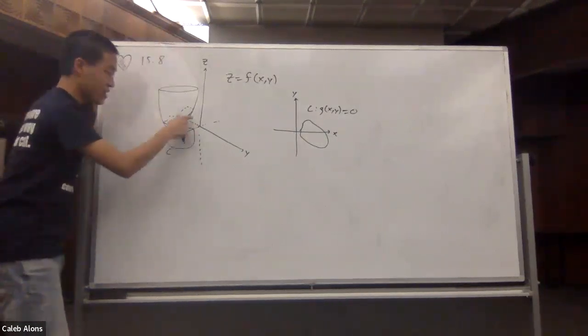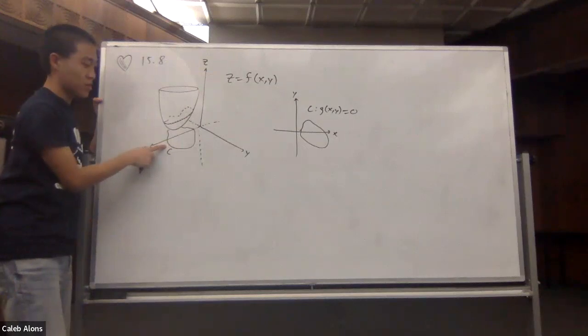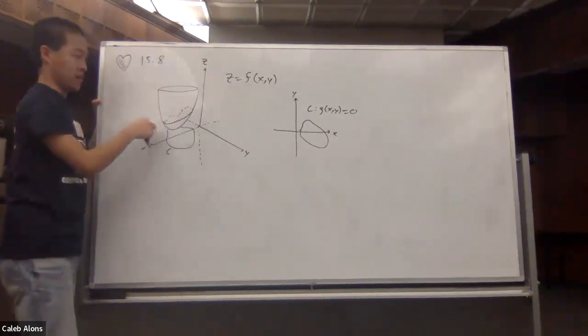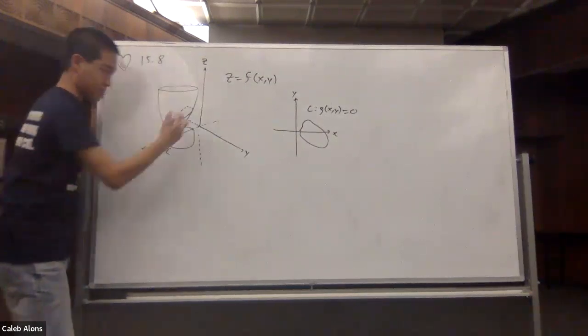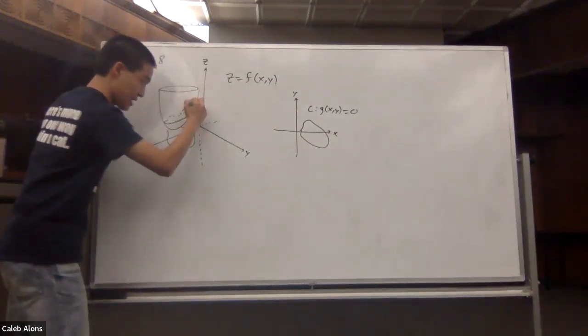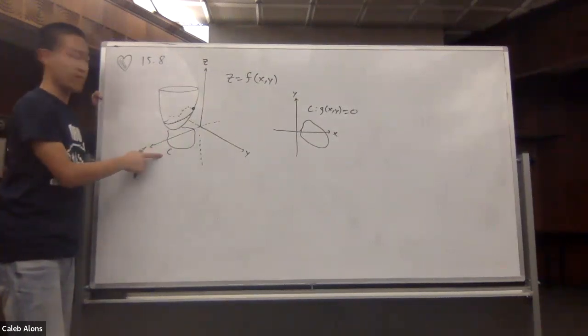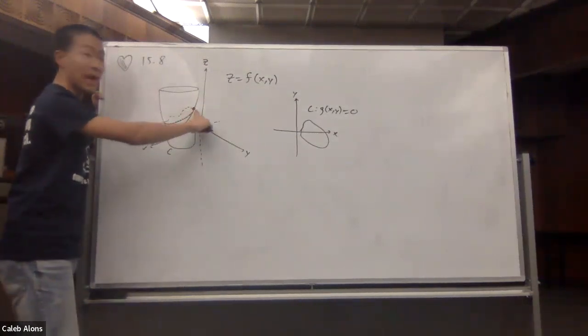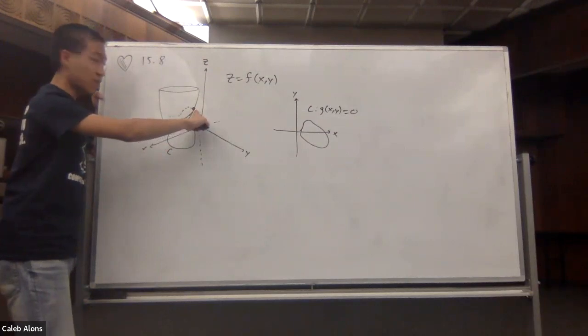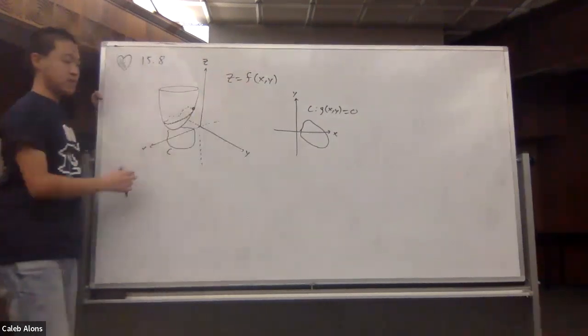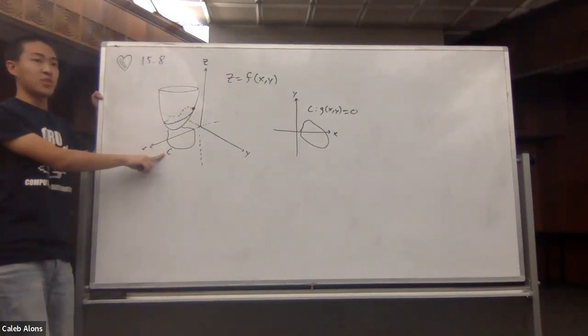However, if we constrain the surface to this particular path, like a roller coaster track, this does technically have a maximum. It has an extrema relative to our constraint. And this could be considered the maximum value that we can achieve on this surface when we're constraining it to this particular track.